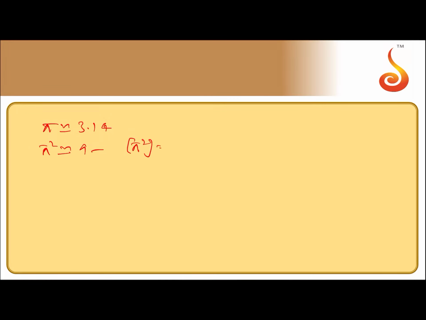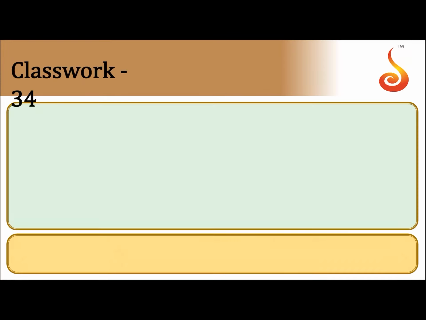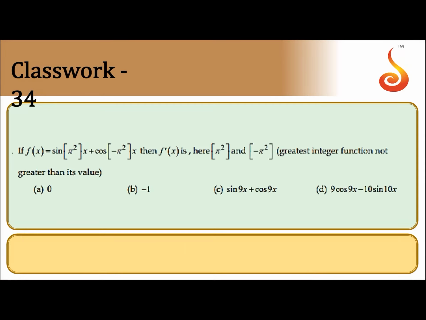So the integral part of pi square will become 9 and the integral part of minus pi square will be minus 10. So the function is nothing but f equals sine 9x plus cos 10x, you got it, because cos of minus theta is cos theta. You find the derivative, which is 9 cos 9x minus 10 sine 10x. Yes, of course, this is the answer.